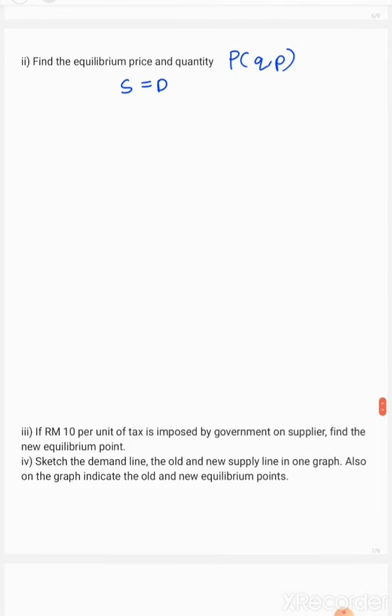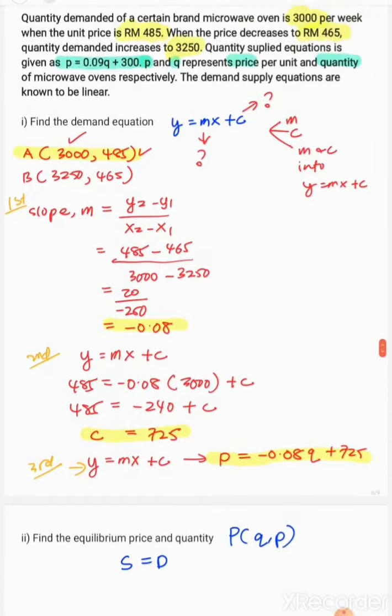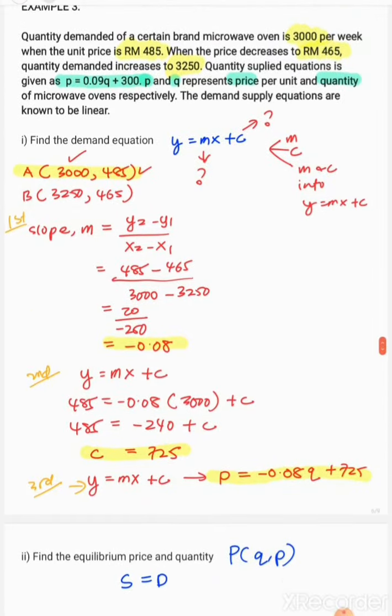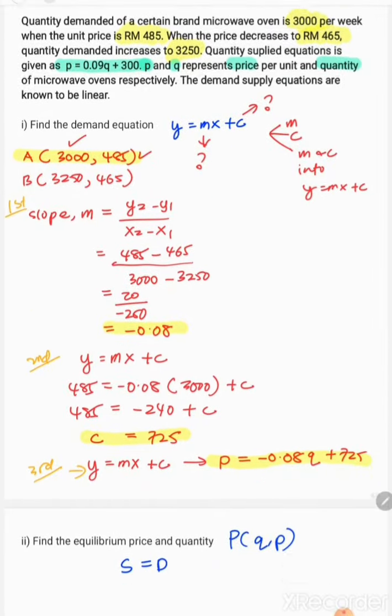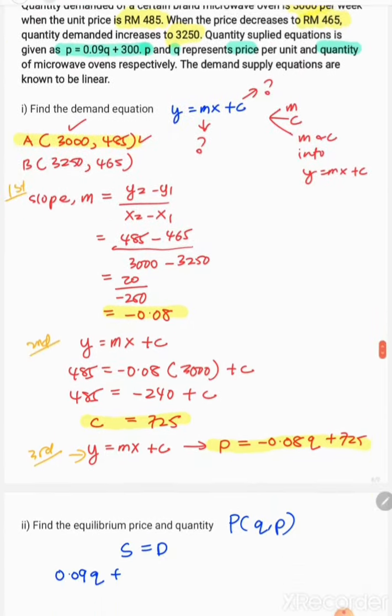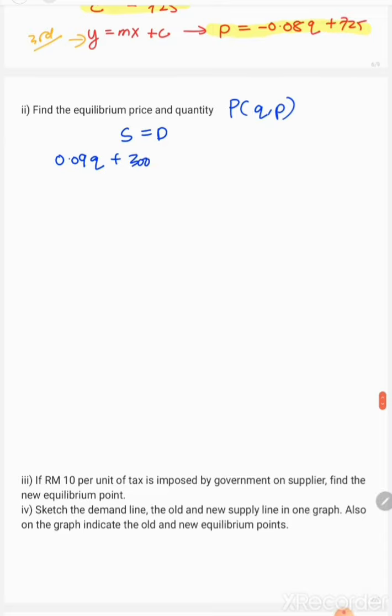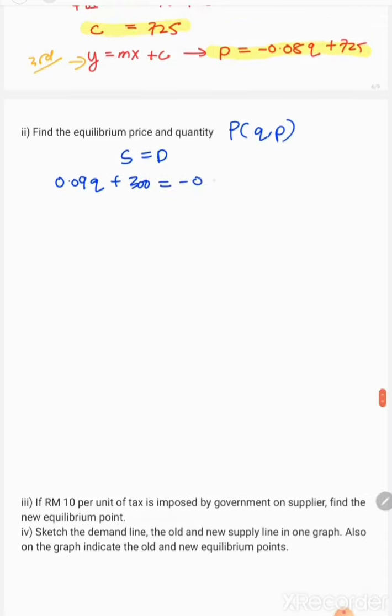This is what we call a simultaneous equation, where our supply equation is P = 0.09Q + 300, equal to the demand equation that we got just now, P = -0.08Q + 725.